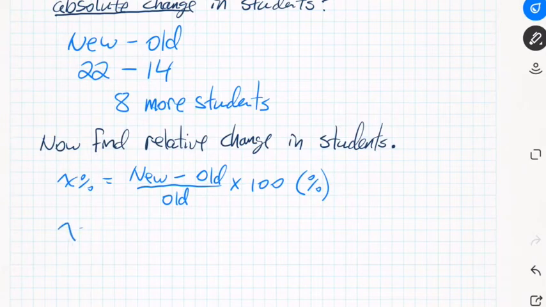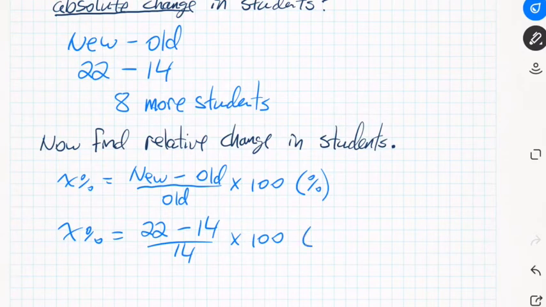So when I put in my numbers, I'm going to do it the whole way just in case you didn't find absolute change first. But if you did find absolute change, it just goes in the numerator. So the new value was 22, the old value was 14, the old value was 14, and then we're going to times this by 100, and because we're multiplying by 100, that changes it into a percent.